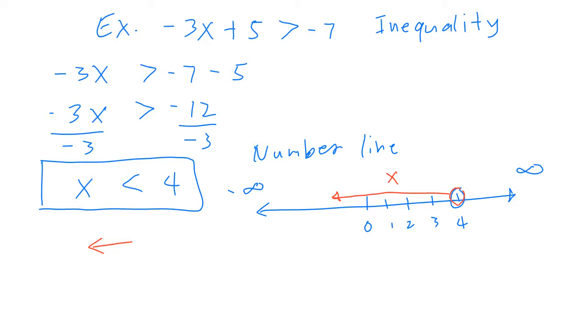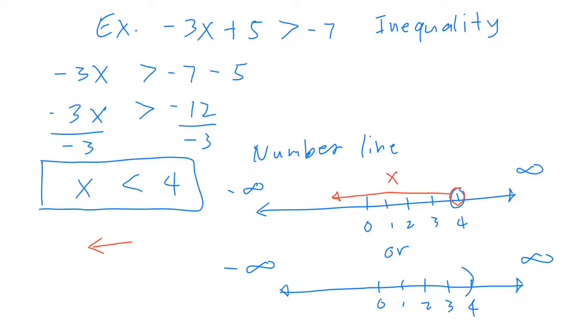Okay, I'll put a different symbol also. You have a number line here, you have negative infinity and infinity, and then just copy this, and instead of the open circle, we can use the parenthesis to symbolize.